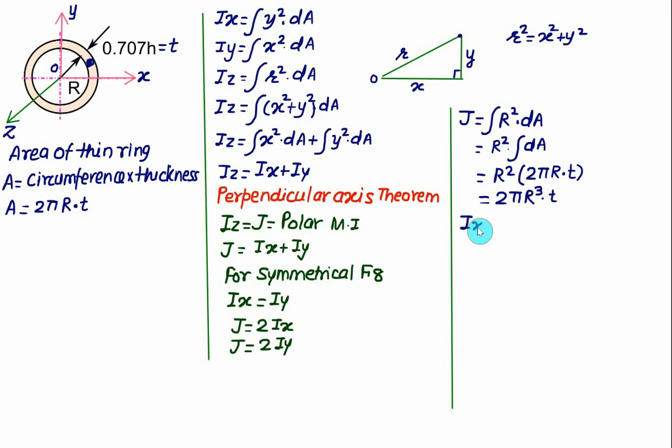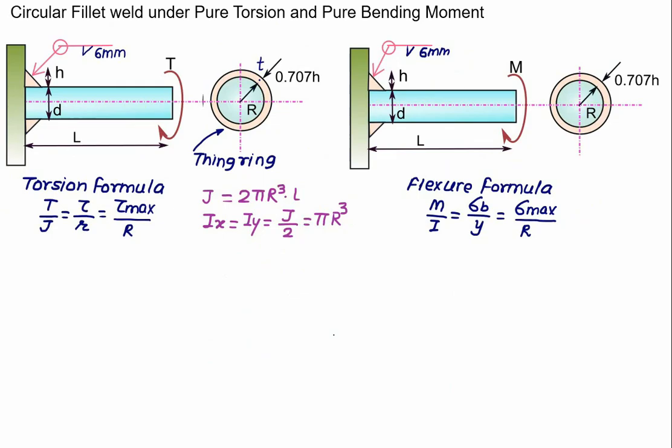In that case, we have Ix as well as Iy equal to J by 2, that is equal to pi into r cube multiplied by thickness t. So this formula is important for us. Whenever the shaft is subjected to pure torsion and it is a fillet weld all around, we can use the torsion formula T by J equal to tau by R, or the maximum shear stress divided by capital R, where J, the polar moment of inertia, is 2 pi R cube multiplied by the throat thickness t.